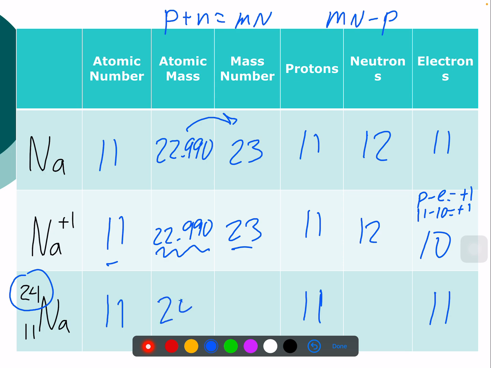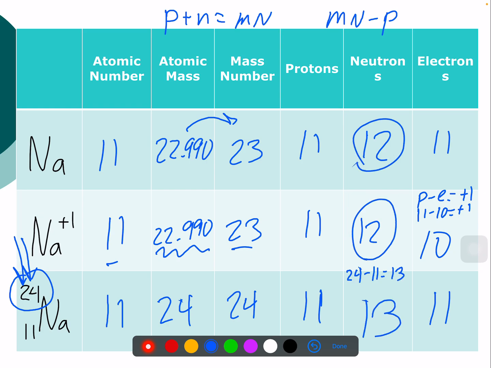So I'm not going to write that down. It's just 24 and 24. I'm not going off the periodic table because this specifically tells me what the atomic mass is. Now, I have 24, and that equals the number of protons and neutrons. So 24 minus 11 gives me 13. So now there's 13 neutrons instead of 12 in these other cases.